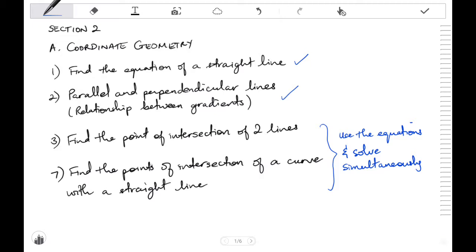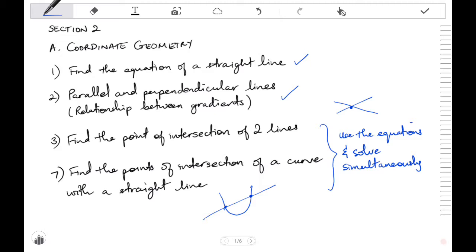So notice they say the points of intersection of a curve with a straight line, and they only say the point, singular, of intersection of two lines. So two lines could only meet at one point. Alright, so if you have a line here, a line so, they would meet at one point only. But if you have a curve and a line, they meet at 2 points. Now a curve is any shape with any curve on it, right?